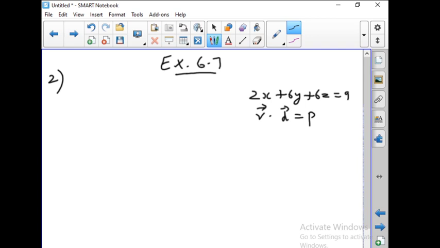So r vector we usually take as xi vector plus yj vector plus zk vector, and d vector is 2i cap plus 6j cap plus 6k cap. So taking dot product of both, we get this. Okay, so this is the equation of the plane.